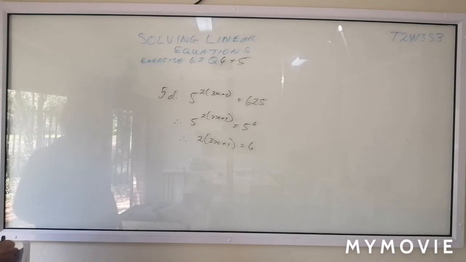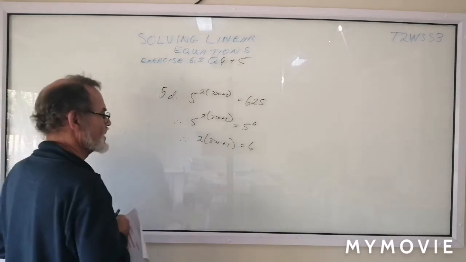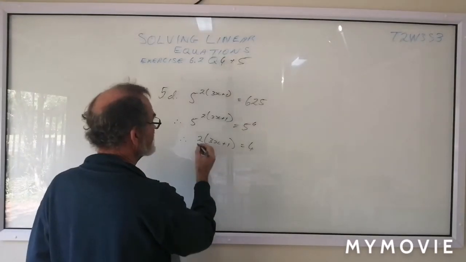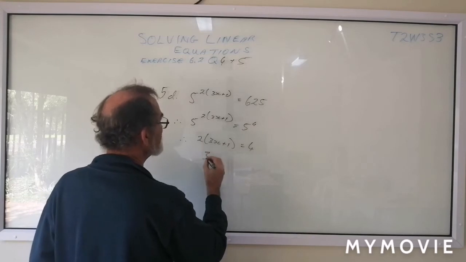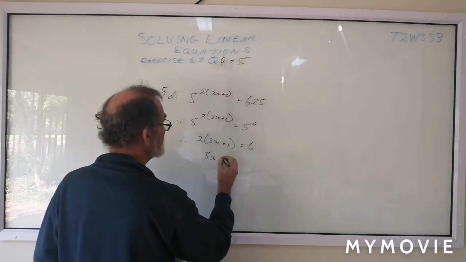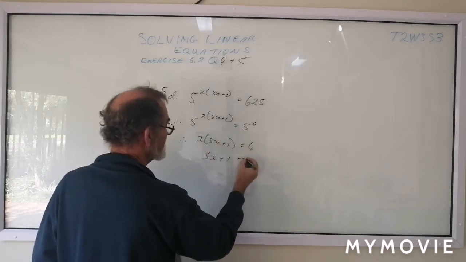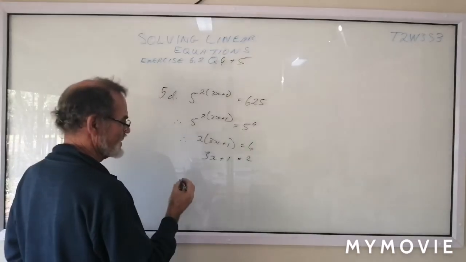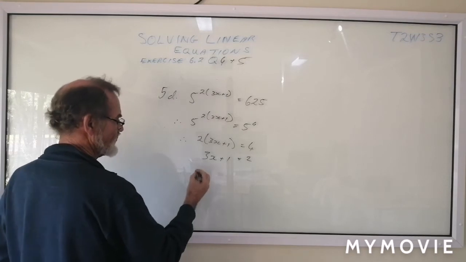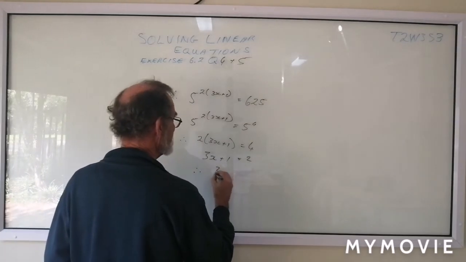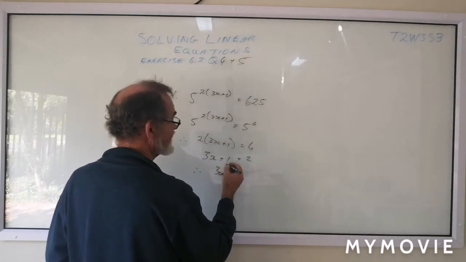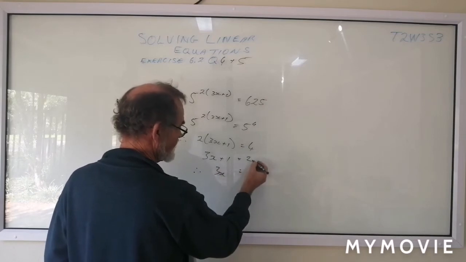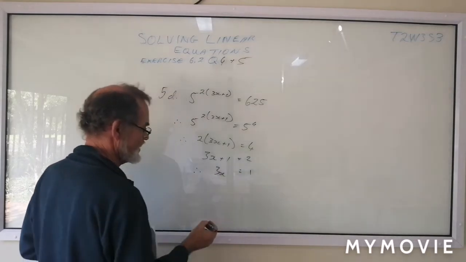Let's just divide both sides by 2. So if we divide this by 2, it becomes 1, so we can take away our brackets: 3x plus 1. We divide 4 by 2, we get 2. So we've now divided both sides by 2. We're going to subtract 1 from both sides, therefore 3x. This 1 becomes 0. We subtract 1 from this side, we get 1.